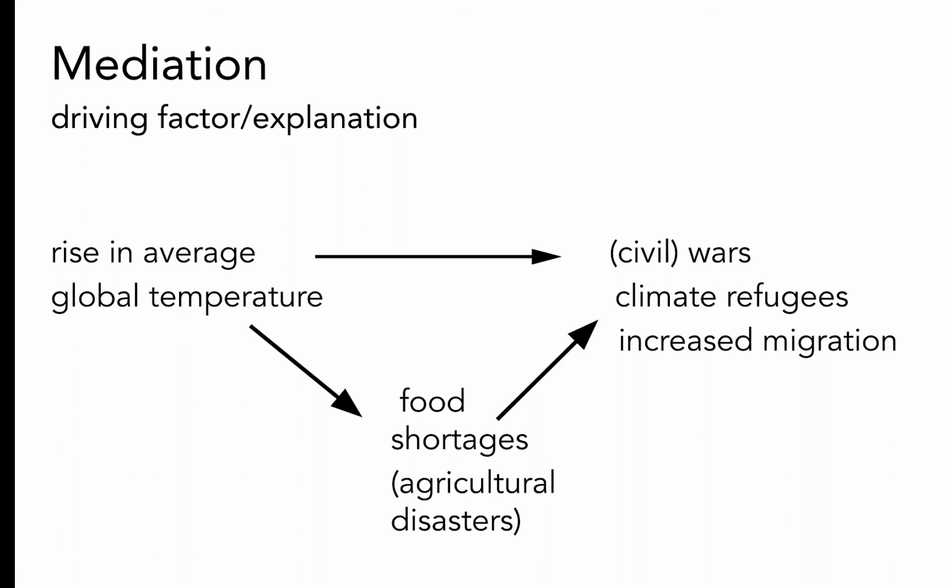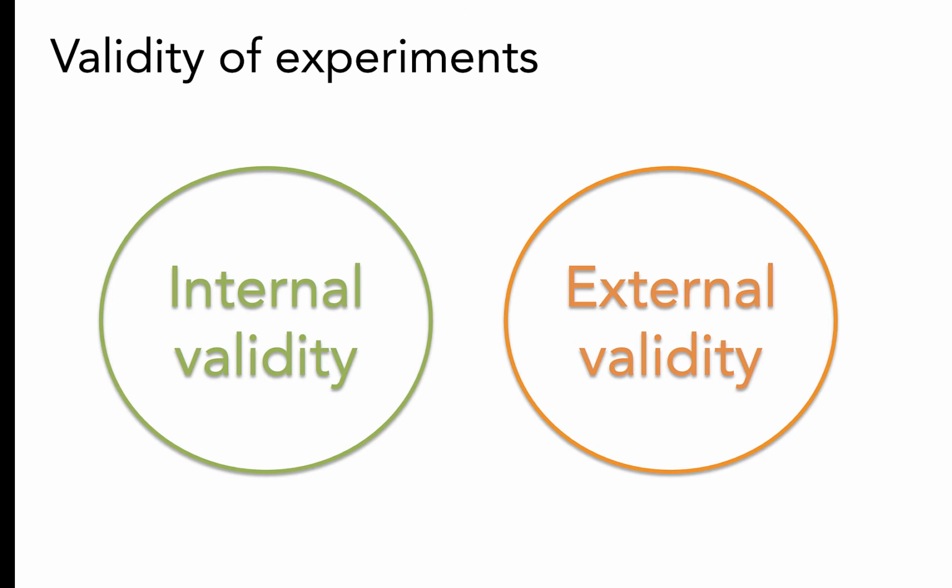All this talk about causality brings me to two very important concepts in experimental design, and that is internal validity and external validity. Internal validity pertains to what extent the results are truly only caused by the experimental manipulation, or your independent variable, and not by something else.